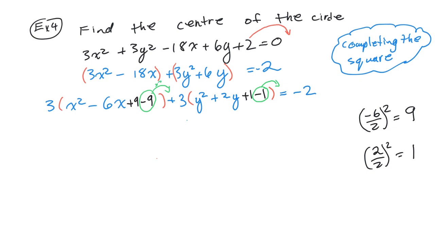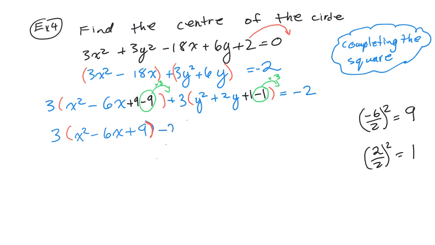So in this case, we're going to times by 3, and this one we're going to times by 3 again. Okay, so now we end up with 3 bracketed with x squared minus 6x plus 9, and then negative 9 times 3 is going to be negative 27. And we've just pulled that out.